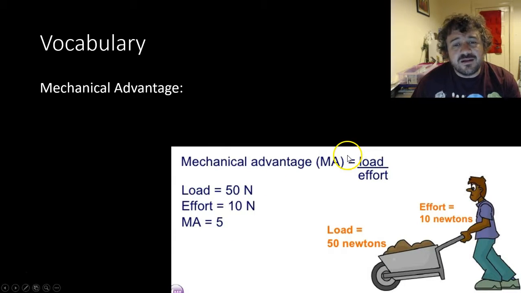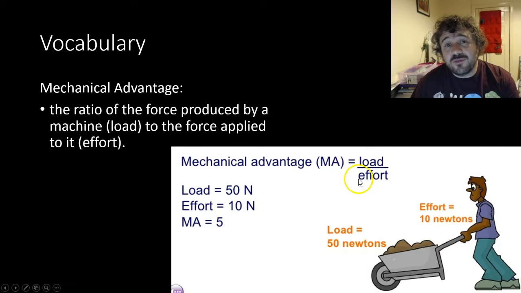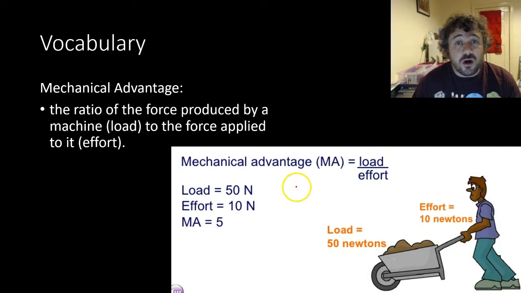And because there's a difference between the raw force or load and the effort, this means machines give us a mechanical advantage. And a mechanical advantage is a simple number with no units at all, because it's a ratio. It's the ratio of the force produced by a machine, so that's the load, to the force applied to it.